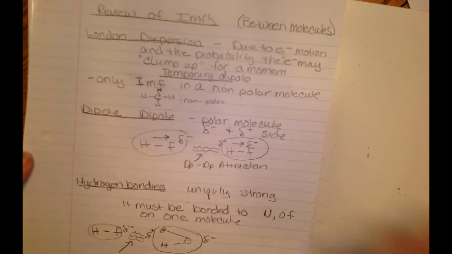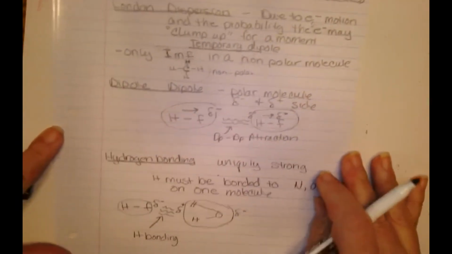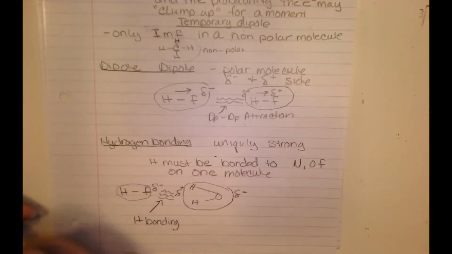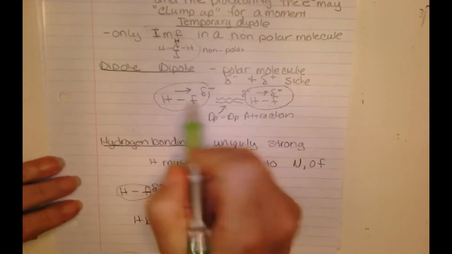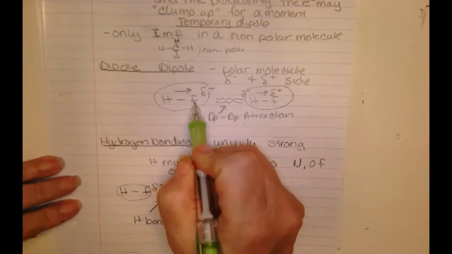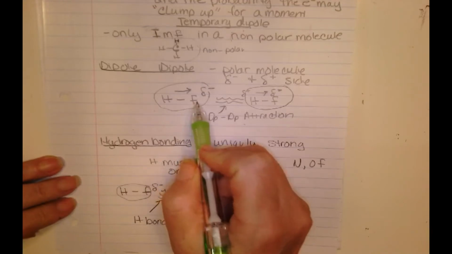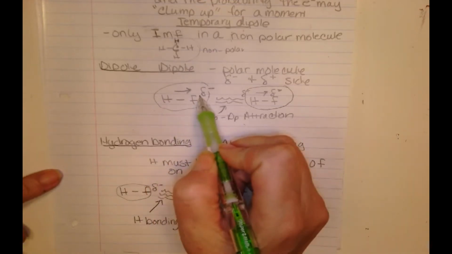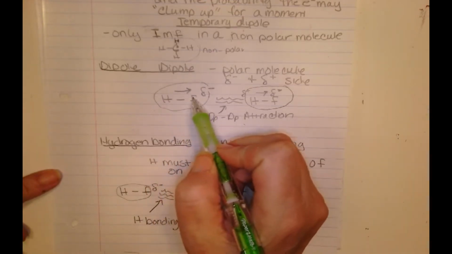All comes back around. And our next force is our dipole-dipole. This is when we have a polar molecule. And here I don't have an even tug of war. Fluorine is the most electronegative atom on our periodic table. And so what does that do? It pulls all the electrons towards it. Electronegative is an electron hog.